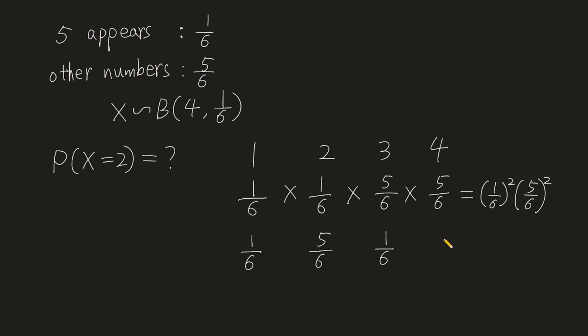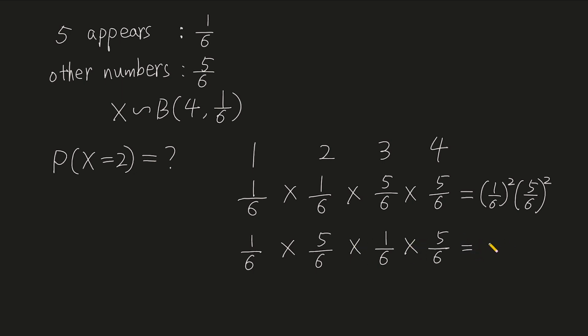And the fourth time, other numbers appear, the probability is 5 over 6. So the probability for this case to happen is again we multiply them.